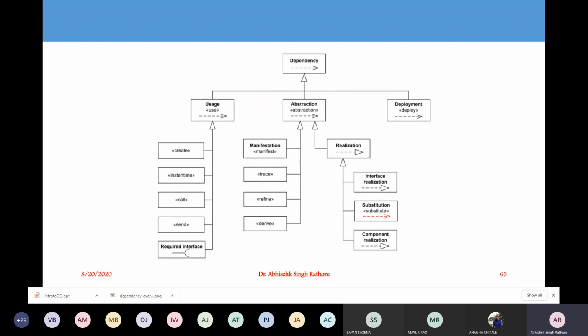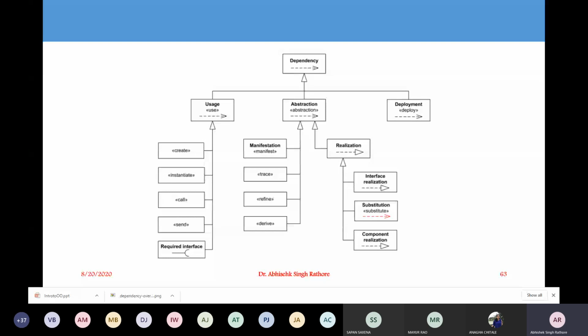The third type is deployment, a dependency which shows the allocation of an artifact to a deployment target. This is not just an association but a directed relationship. To differentiate these dependencies, we put the use stereotype for usage, the abstraction stereotype for abstraction, and the deploy stereotype for deployment.